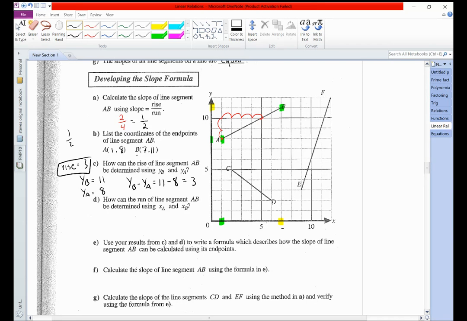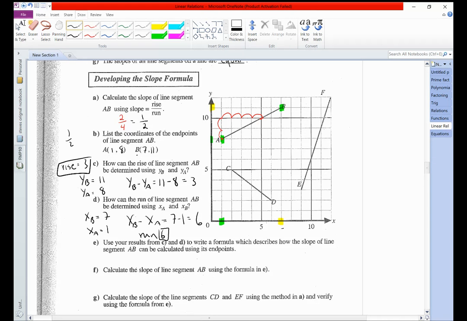And we're going to do the same thing for the run. So the x coordinate of B is 7, and the x coordinate of A is 1. So if we go xB minus xA, we're going to get 7 minus 1, which gives us 6. So we have a run of 6.